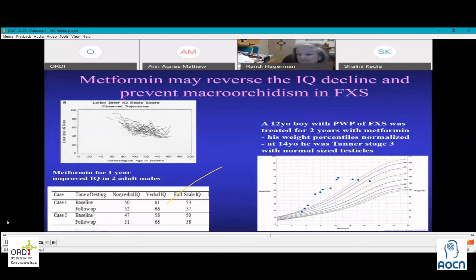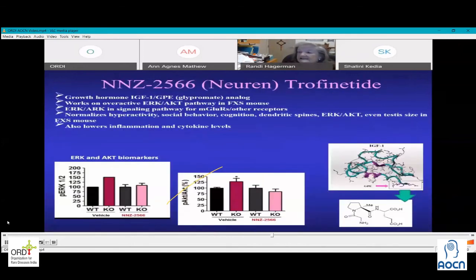That's why the IQ can go down. But here are 2 adult individuals treated with metformin for a year who had cognitive gains in both verbal IQ and full-scale IQ. That was very exciting to us also.